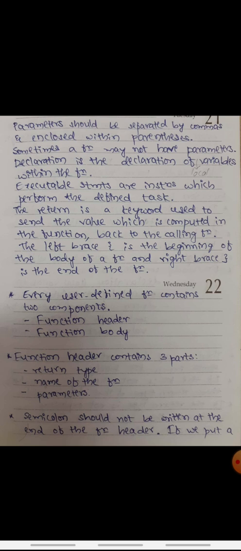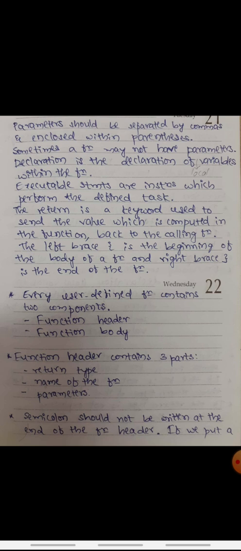The function header contains three parts: return type, name of the function and parameters. Apart from the return type, the name of the function and parameters together are called the function signature. Function prototype is a function declaration, and the function header contains three parts: return type, name of the function, parameters.